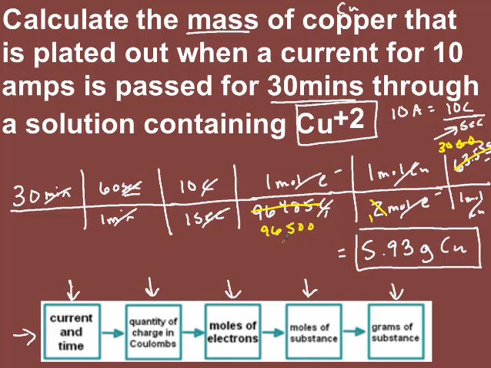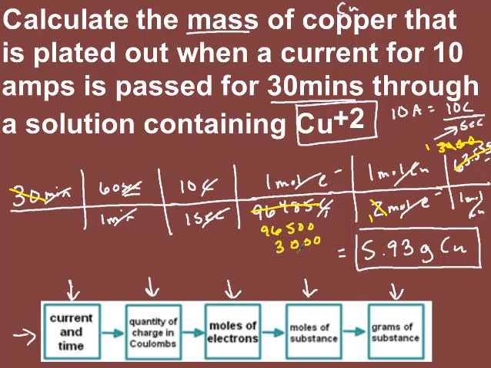And then 30 from 96,500, well, that's going to be a 1. And then if I plug 30 into this, then 30 goes into 90 3 times, and then bring down my zeros. So about 3,000. And again, I'm just rounding there.